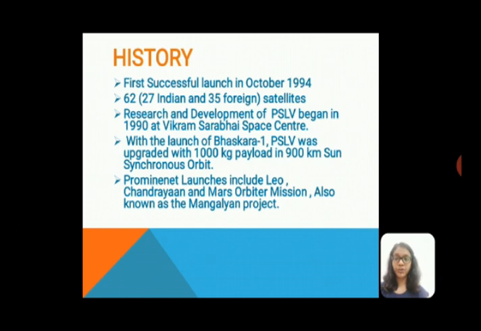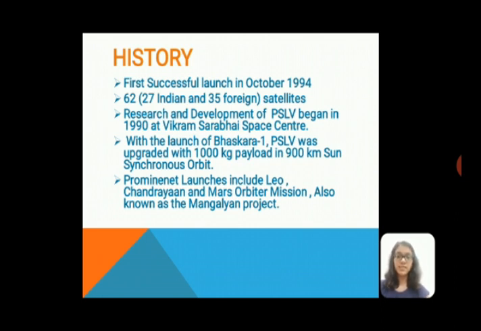PSLV launched a total of 62 satellites, of which 27 were Indian and 35 were foreign, including RISAT 2, XSat and others. The research and development of PSLV began in 1990 at Vikram Sarabhai Space Center in Kerala. With the launch of Bhaskara 1, PSLV was upgraded with 1000 kg payload in 900 km sun synchronous orbit.